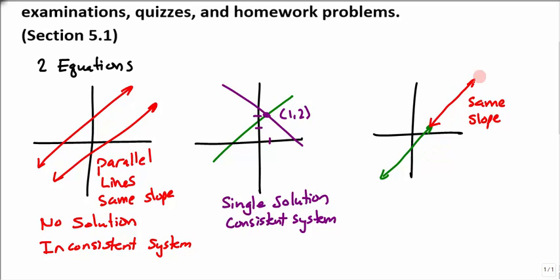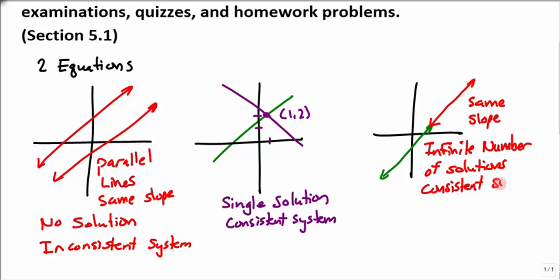However, this one, because they cross at all points, has an infinite number of solutions. Now this is called a consistent system as well, because it has a solution, and in fact it has an infinite number of solutions.